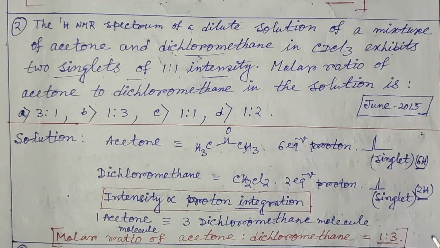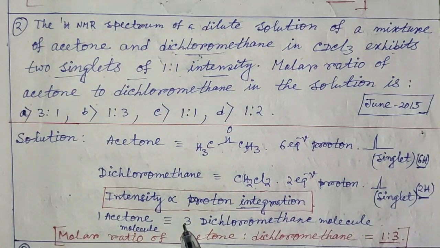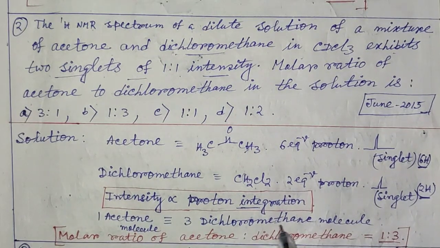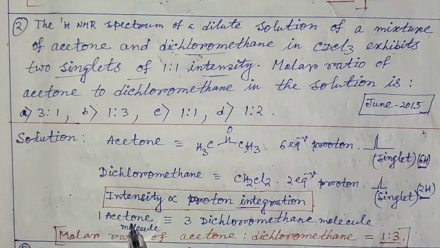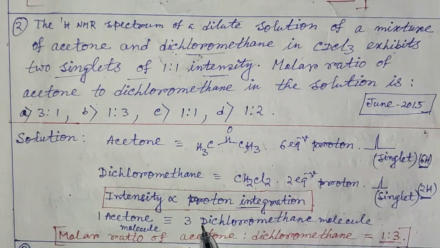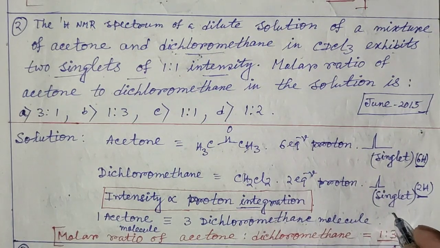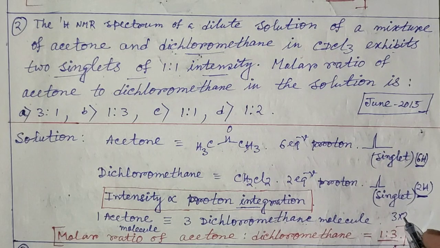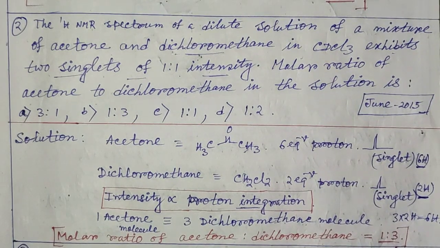Similarly, from the previous experience, we can say that one acetone molecule is equivalent to 3 dichloromethane molecules, since one acetone molecule will give a singlet peak corresponding to 6 hydrogen atoms, and 3 dichloromethane molecules will also give a singlet peak corresponding to 3 into 2H, that means 6 hydrogen atoms.